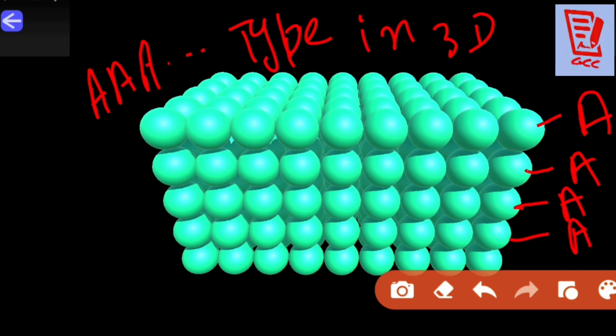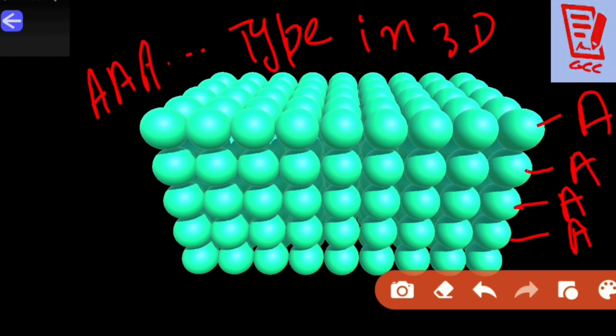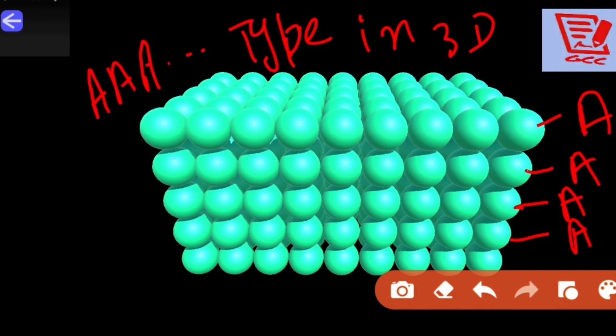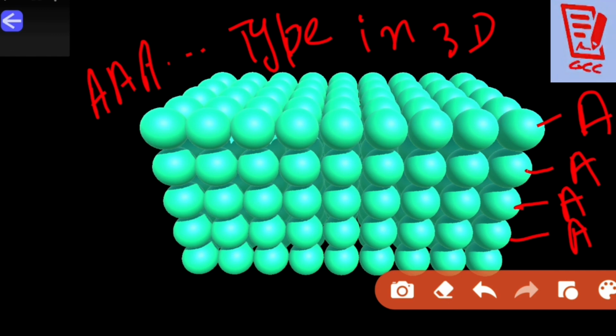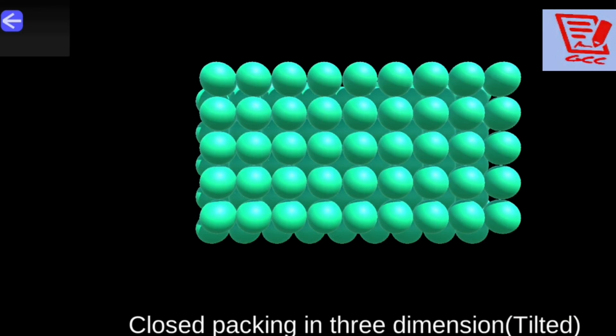Yes or no? A type arrangement in 3D. Clear? I said 3D, not 1D or 2D, because the spheres are arranged in 3D. Clear?